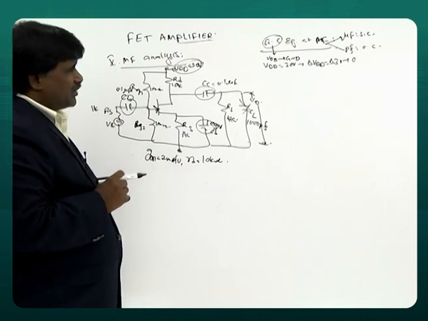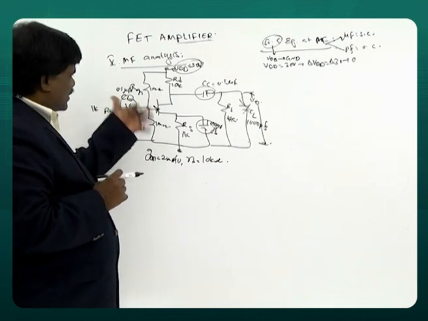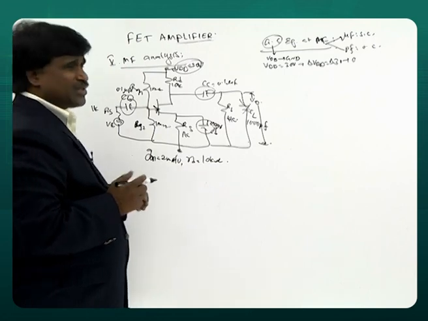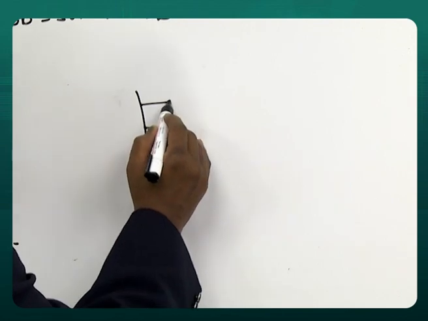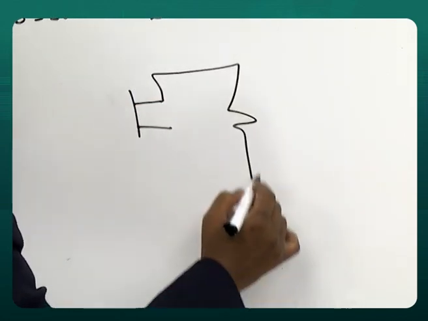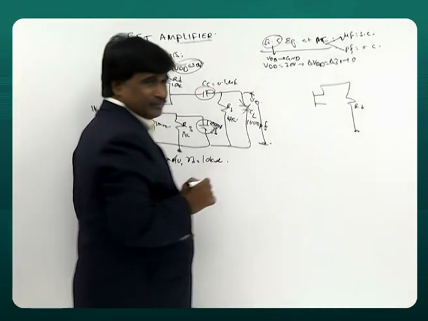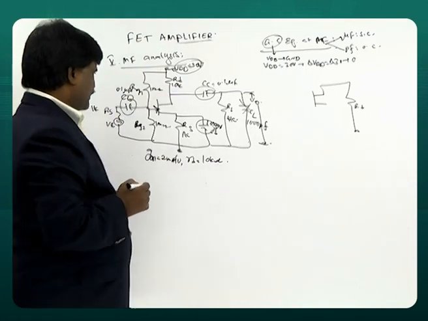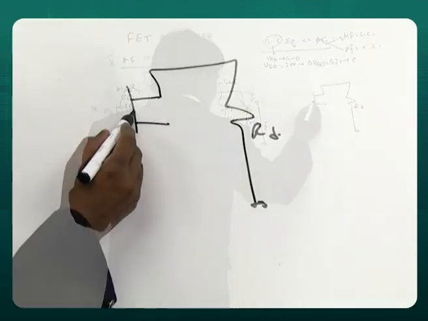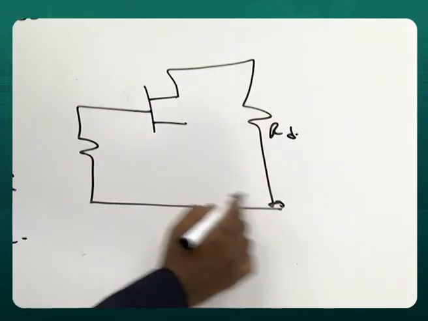That's what is happening altogether. So shall we try to draw the equivalent for this situation? Suddenly, supply comes down, because we said supply is grounded. And not only that, even this RG is also coming down.